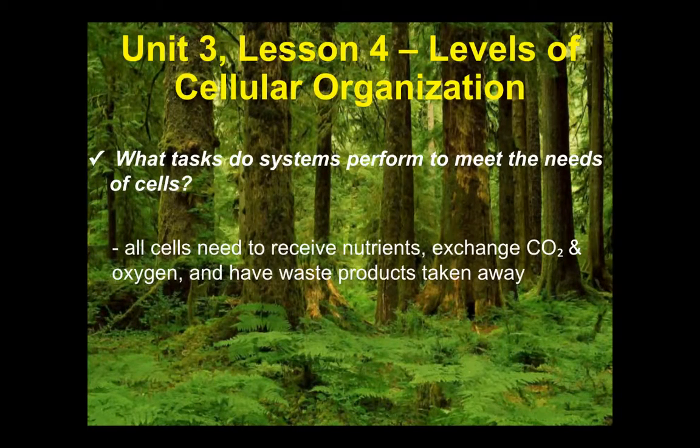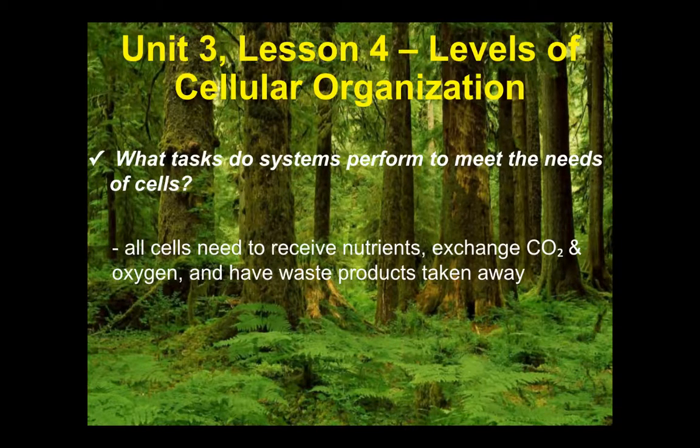What tasks do our organ systems do to meet the needs of all our cells in our bodies? Well, they need to receive nutrients, going back to carbs, lipids, and all that. So we need to take in nutrition. We have to exchange CO2 and oxygen. Remember, we need oxygen to breathe in. Plants provide that through photosynthesis.